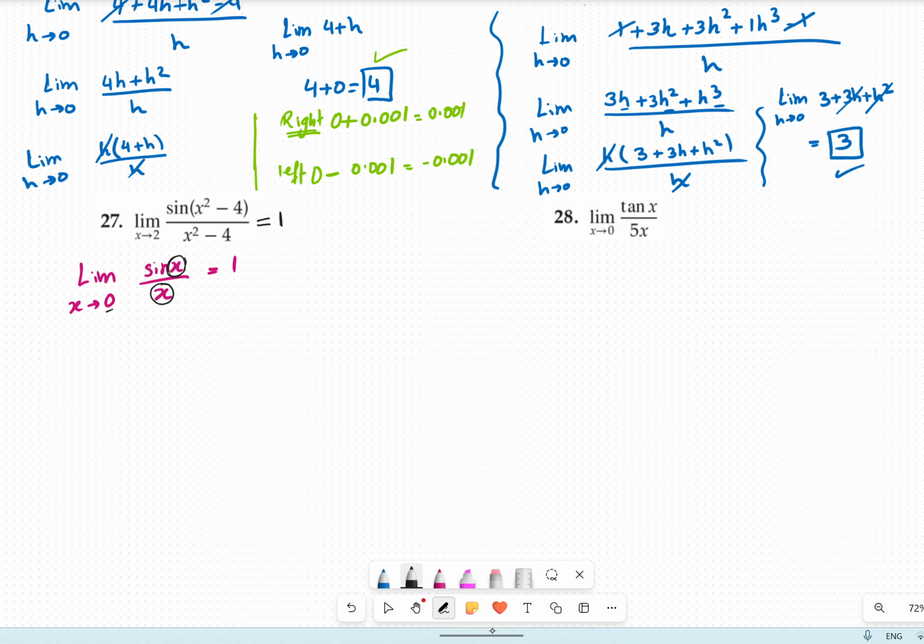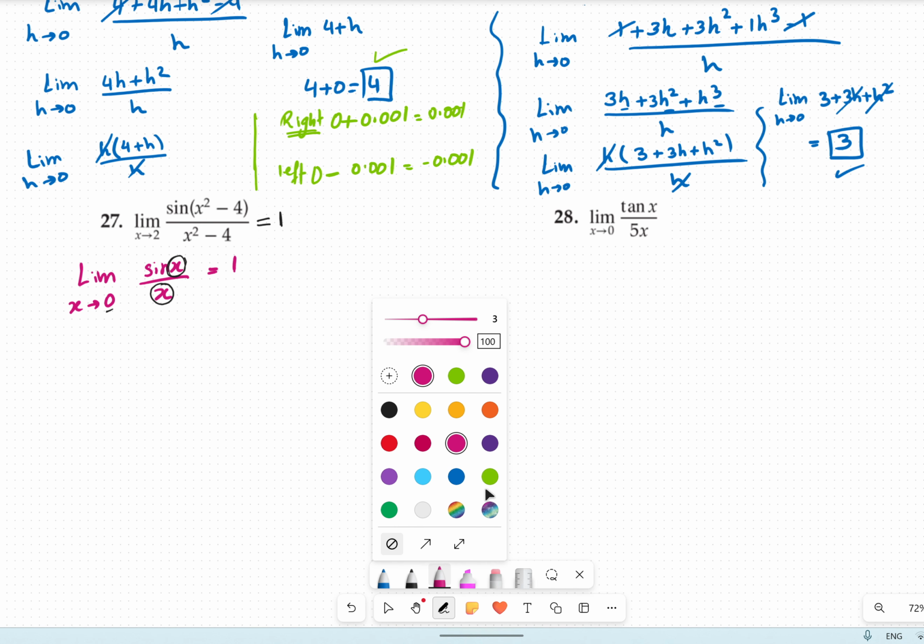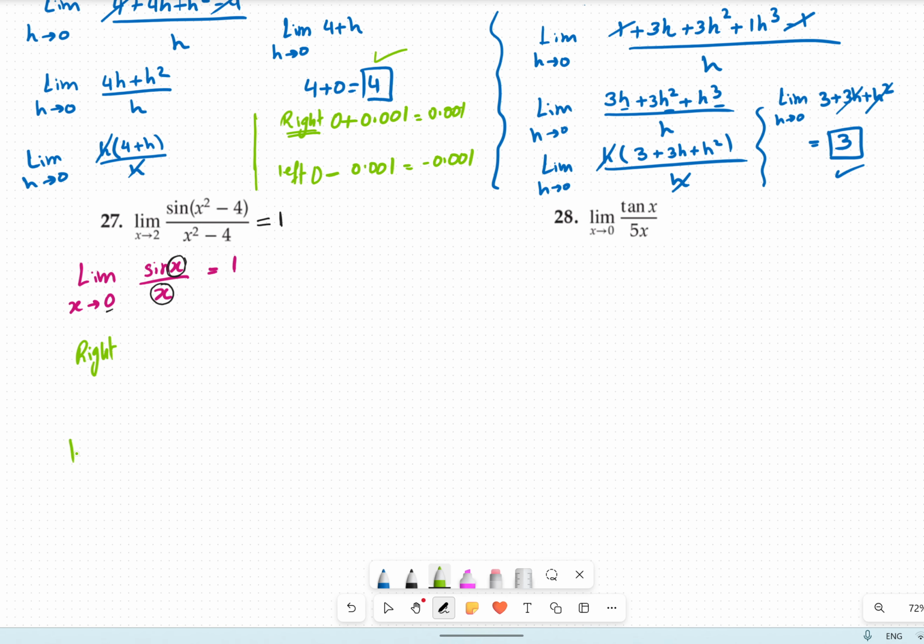Now, how could I have done this with the calculator? Same thing. In the calculator, all you need to do is find it from the right, find it from the left. Again, from the right, you are going to add 0.001. From the left, subtract 0.001. Add and subtract to what? Again, the number you are approaching. Here we are approaching 2. So I will say 2 plus 0.001.